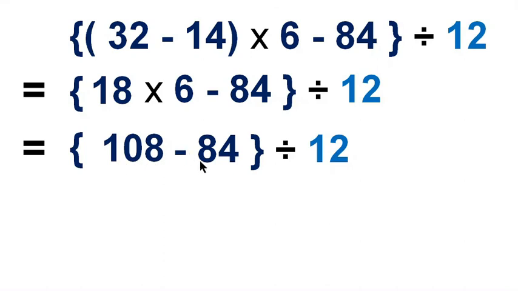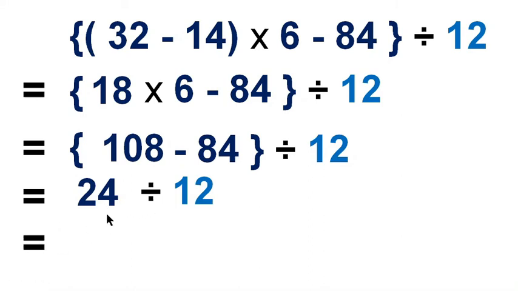Now by subtracting 84 from 108, we can get 24, and divide by 12 will be written here. Now just divide 24 by 12. Quotient will be 2, because 12 2s are 24. So this 2 is the answer of this simplification.